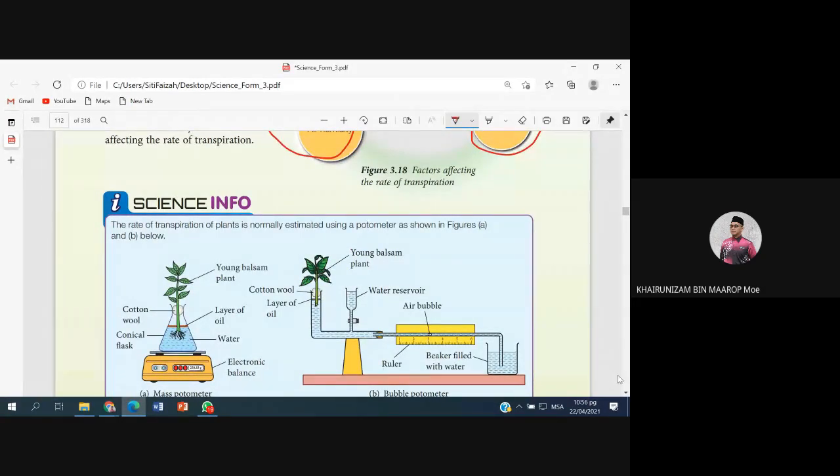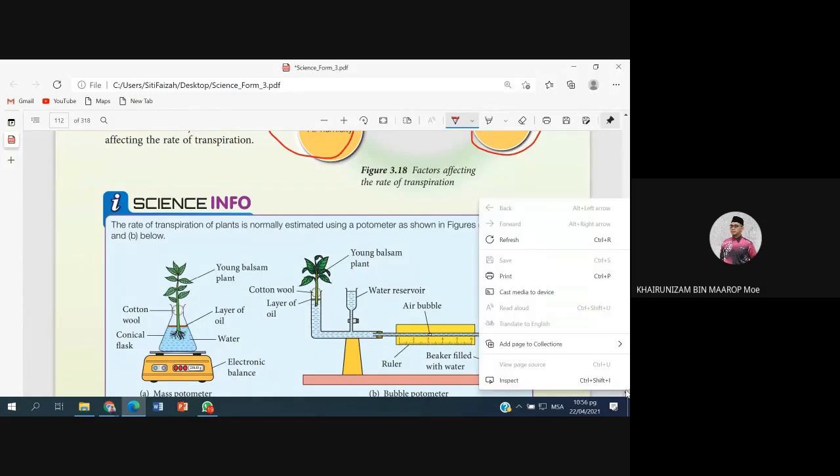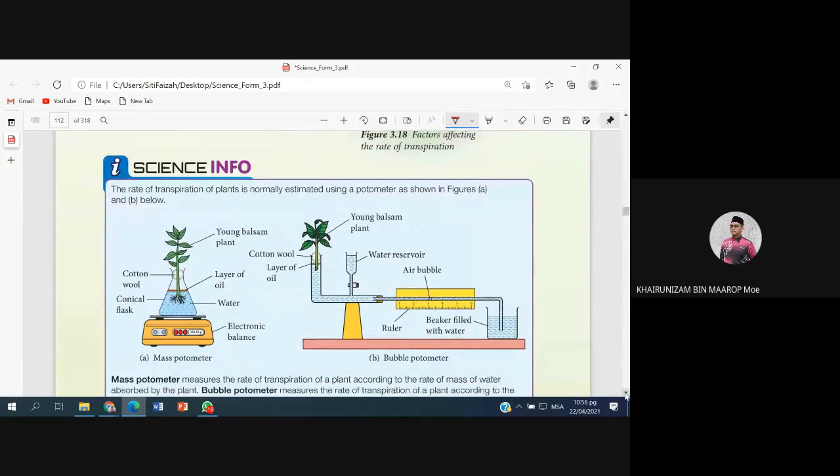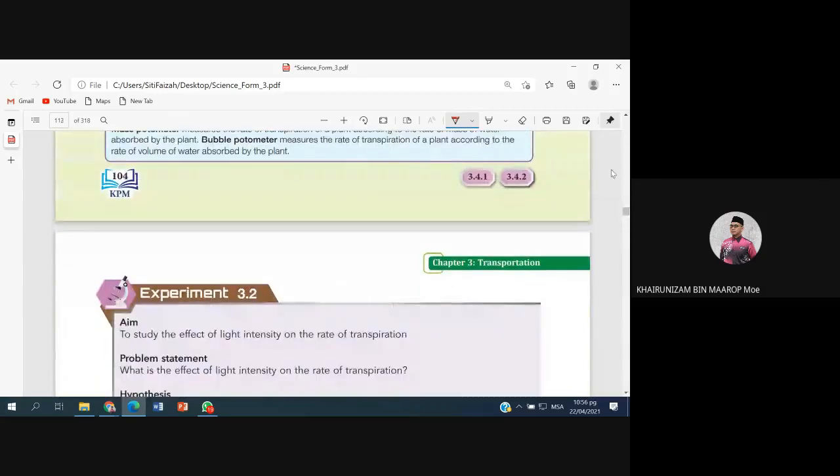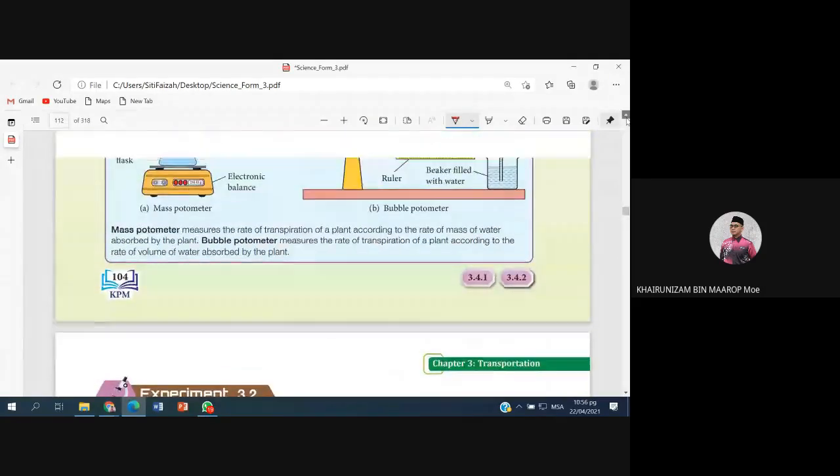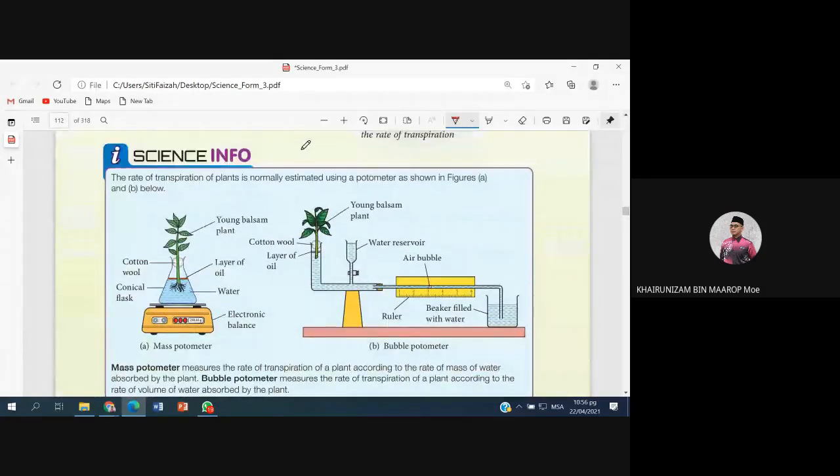Okay, if you look at the science info here, the rate of transpiration of a plant is normally estimated using a potometer. Okay, this is the mass potometer, and then this is the bubble potometer.